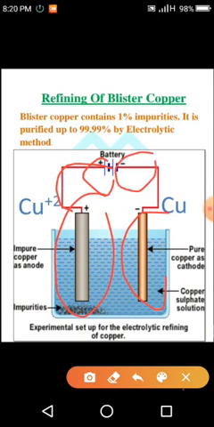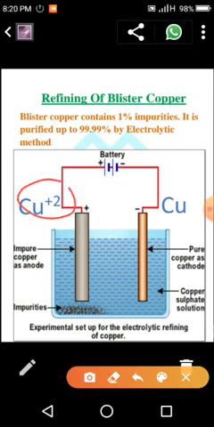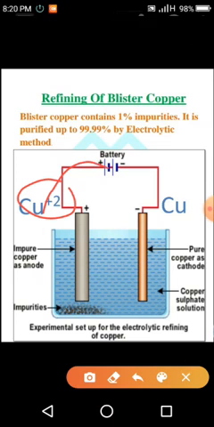When the electricity is switched on, copper 2+ ions move towards the cathode, and finally the copper 2+ ions form copper by the addition of electrons. When the electrons have been added, the 99% copper has been converted into 99.99% pure copper.